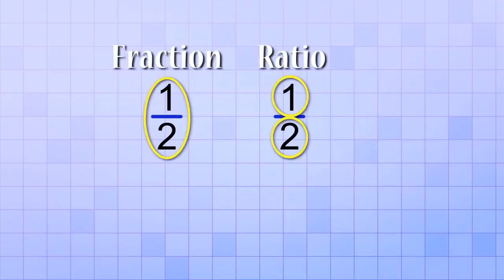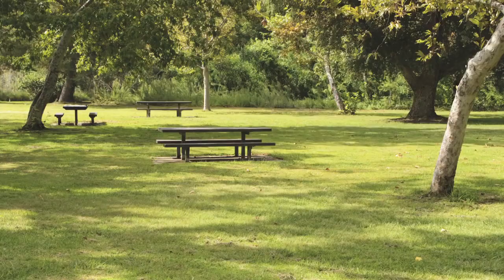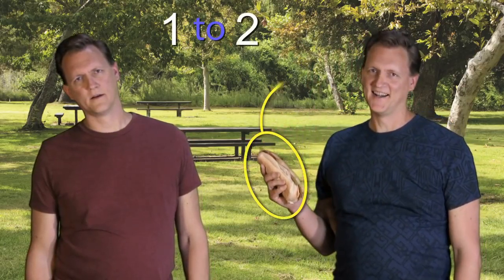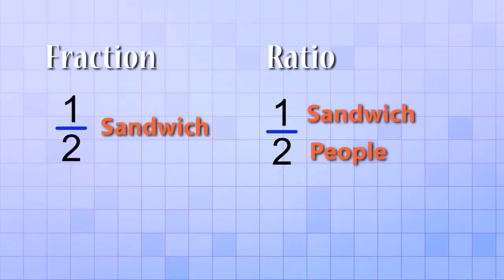For example, let's say we're planning to go on a picnic. And for every 2 people that are going on the picnic, we're only bringing 1 sandwich. In that case, we'd say that the ratio of sandwiches to people is 1 to 2, or 1 sandwich per 2 people.